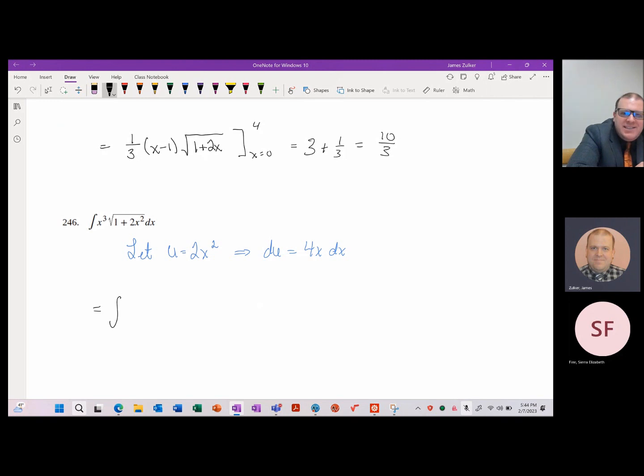Notice we have an x dx. So I'm going to need a 4, so multiply by a quarter. But we're going to be left with x squared, aren't we? What is x squared in terms of u? One half what? So that remaining x squared becomes u over 2.